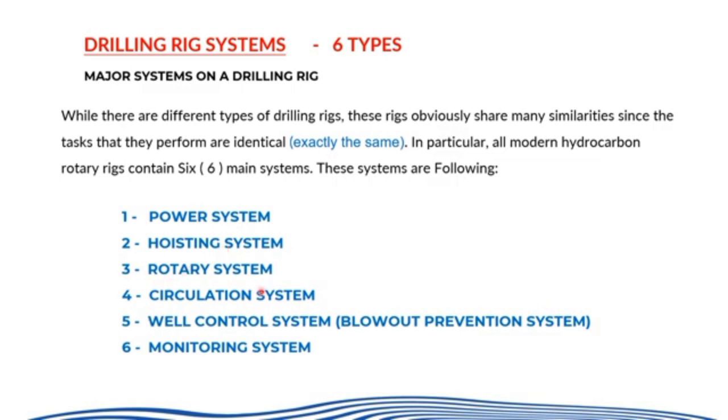Likewise the rotary system and the circulation system. This circulation system is the mud system. It means how the mud flows from one place to another, what the function of the mud is, and what equipment comes under the mud system.